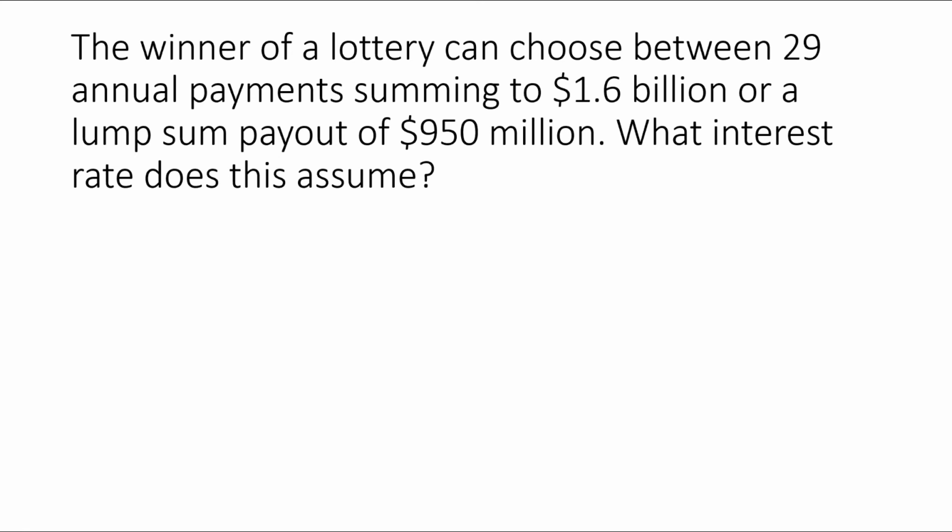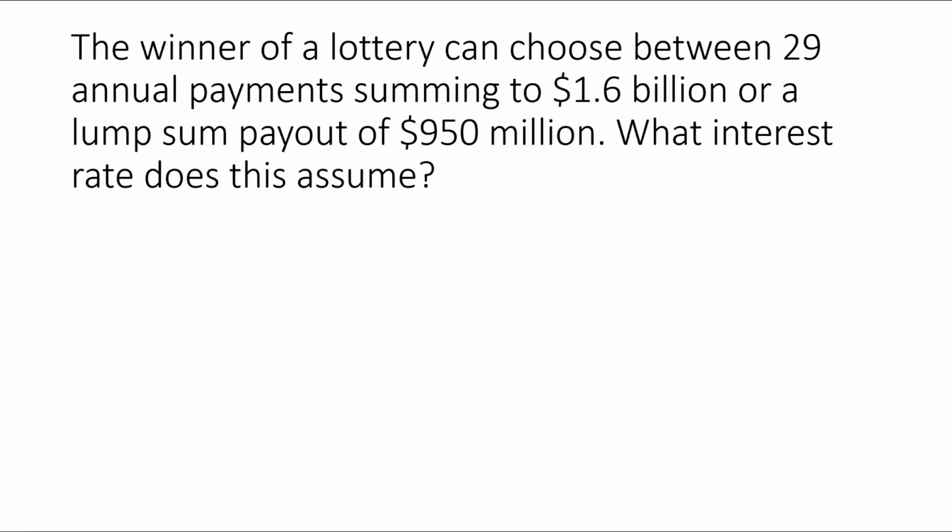And so I looked up the rules on it so that I could make this example. So the jackpot was $1.6 billion. You could take out $950 million and take that as your payment, or you could take the $1.6 billion paid out over 29 years with one payment per year.